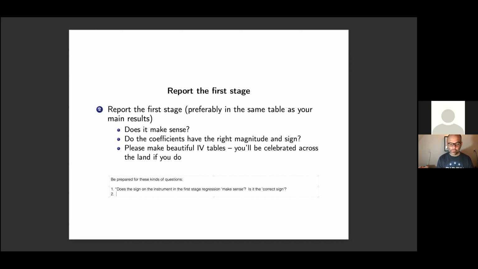Two, those magnitudes on the coefficient in the first stage, should it be that large? Does that make sense? Okay, so be prepared to answer questions about the coefficients on your instrument.